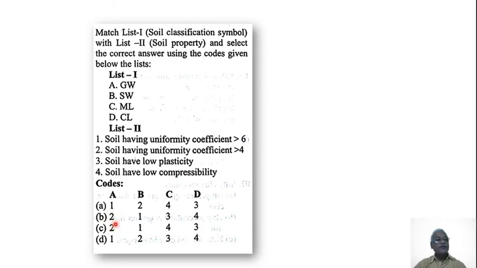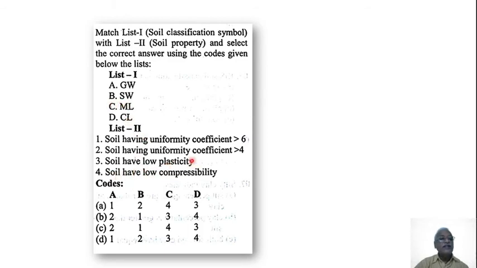Again, there is ambiguity. The third one says soil having low plasticity. Both of these are having low plasticity. Then soil having low compressibility, both of them.